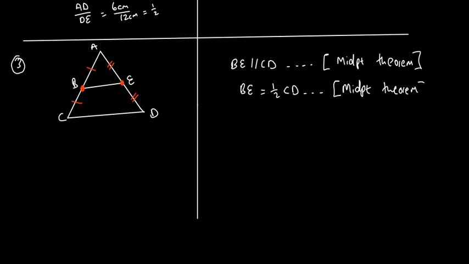So if you identify any situation like this, where you have a line joining two midpoints of a triangle, then you must know that that line is going to be parallel to the third side, and it's going to be half of the third side.